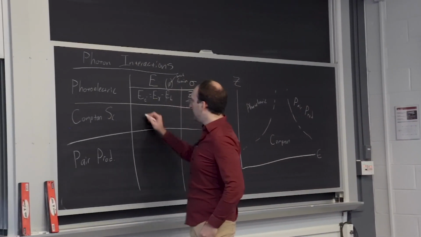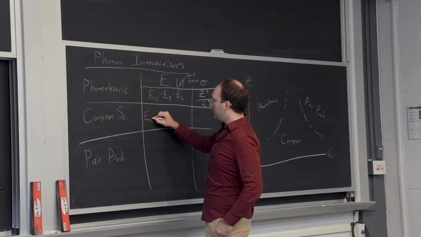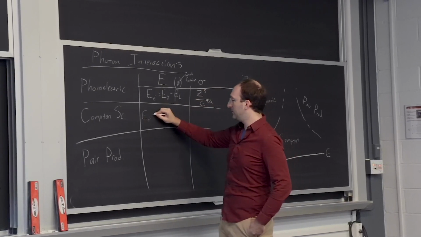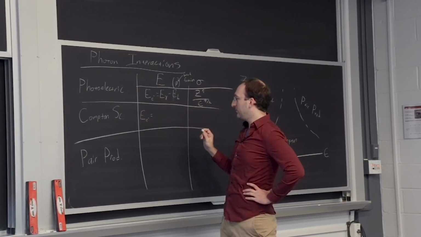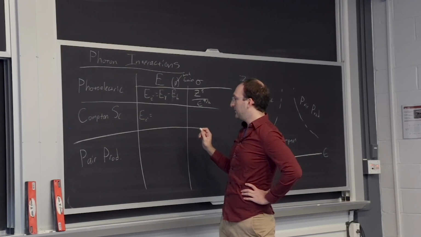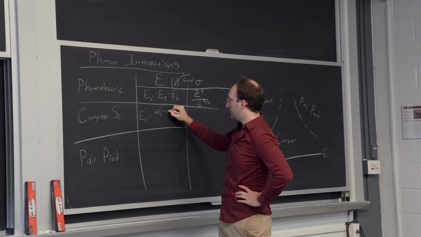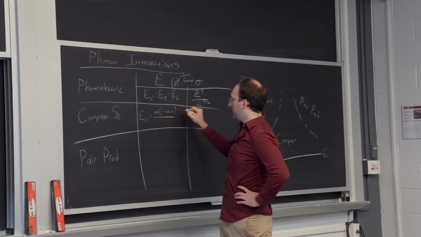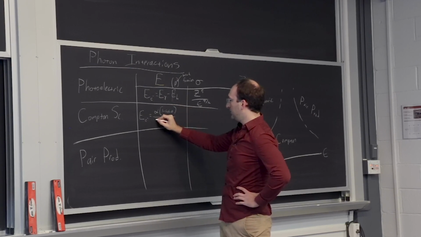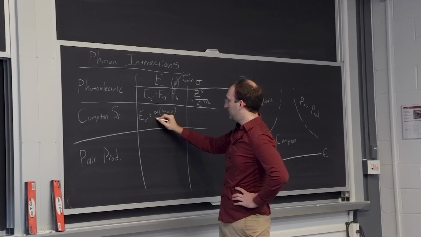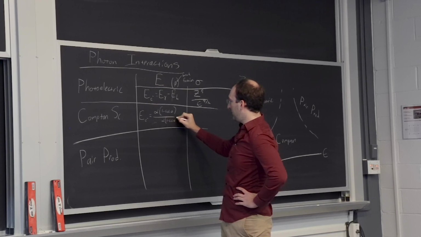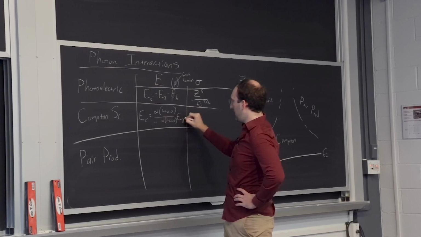Let's see, what was the energy of the Compton electron? Remember the wavelength formula. It was like alpha times 1 minus cosine theta over another 1 plus alpha times 1 minus cosine theta, times the gamma ray energy.